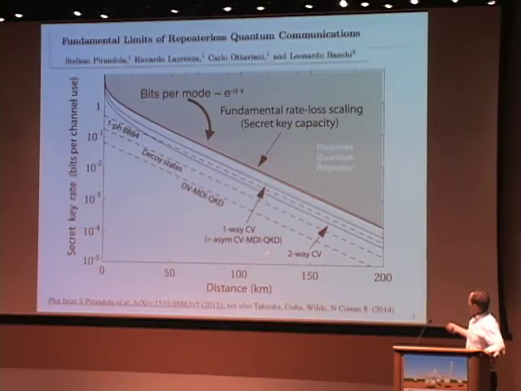To get to, at a certain distance, 100 kilometers or so, a better than 0.1 bit per channel use, you have to use some form of repeater. And in fact, that's a good working definition, based also on the work of Saikat Guha and others, that we can use to define what a quantum repeater is. It doesn't necessarily have to be something where the rate scales polynomially in loss, but something that beats the repeaterless bound.